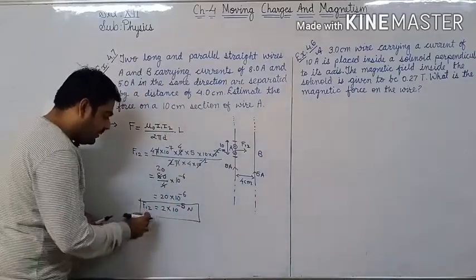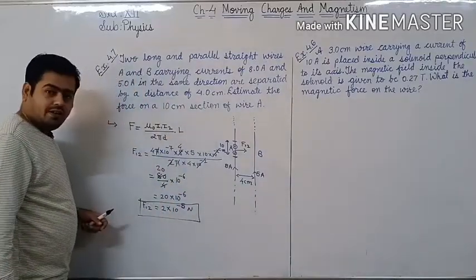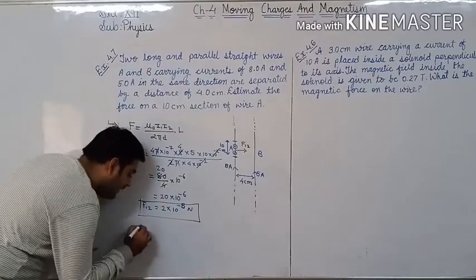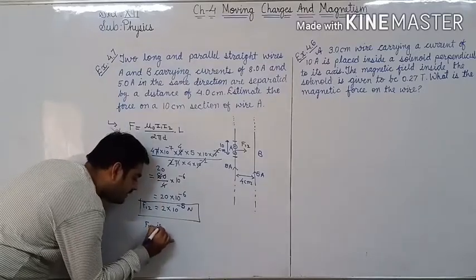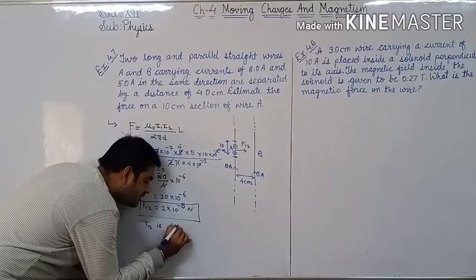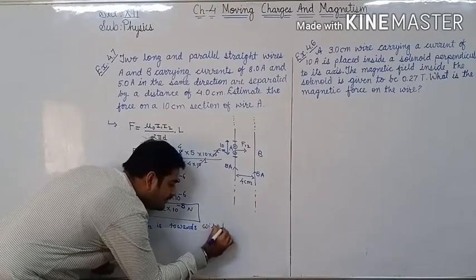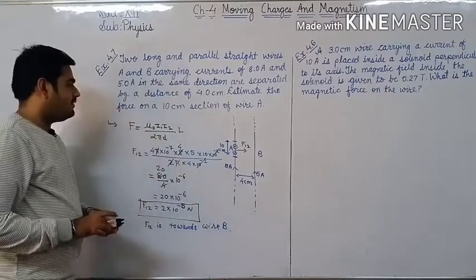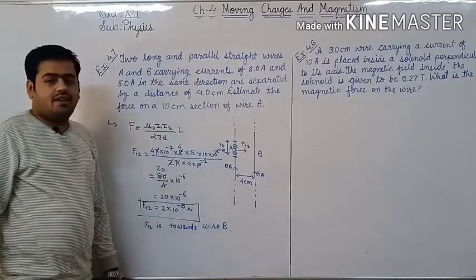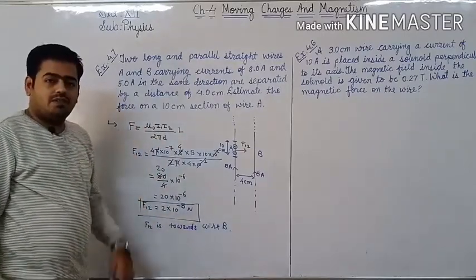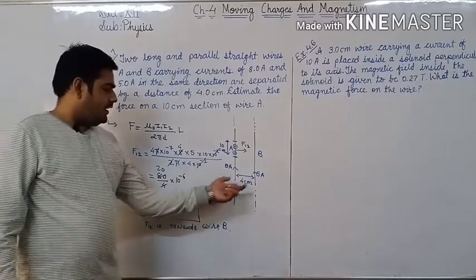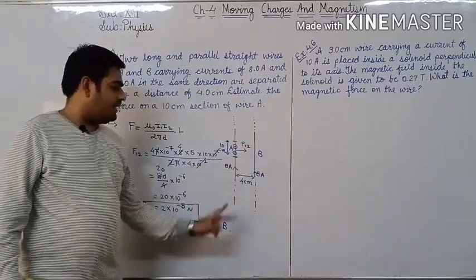So here F12 is 2 into 10 raised to minus 5 Newton, and F12 is towards wire B. This is the answer of exercise numerical 4.7. Here currents are flowing in the same direction.